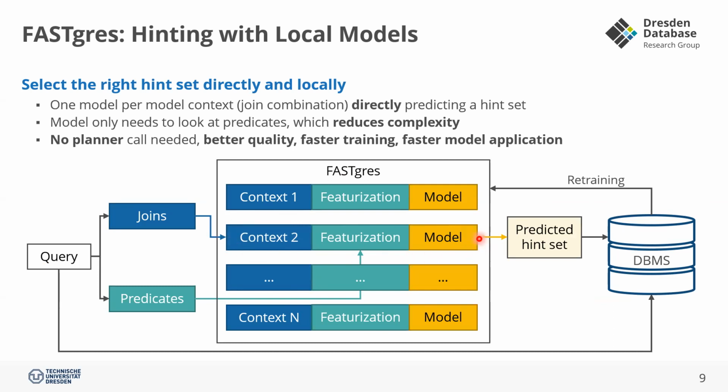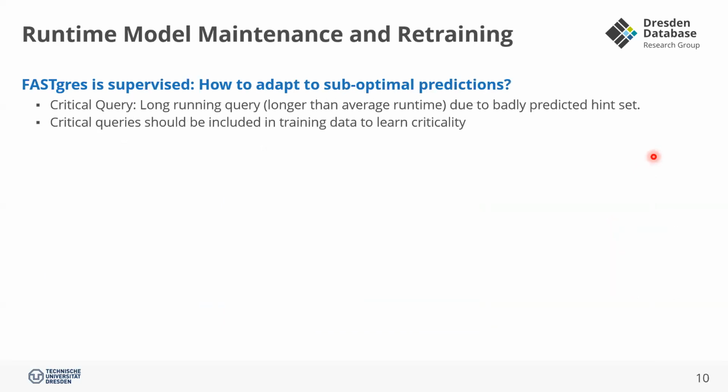So one thing that is missing now is this retraining part here. So how can we make sure that if the workload or the data is shifting, the models get retrained during runtime? We implemented a component that is called runtime model maintenance or retraining. And this basically looks at critical queries.